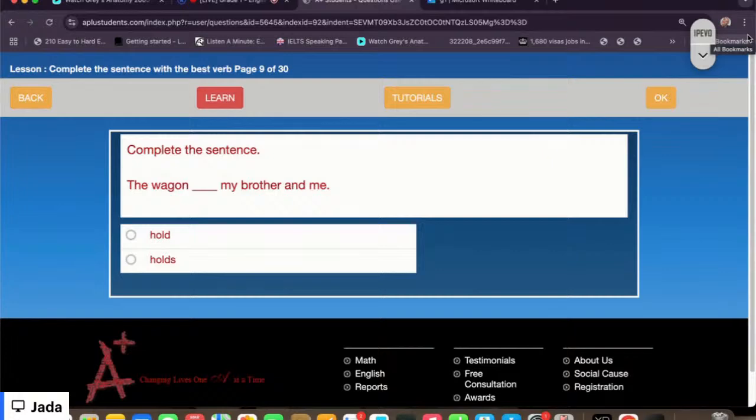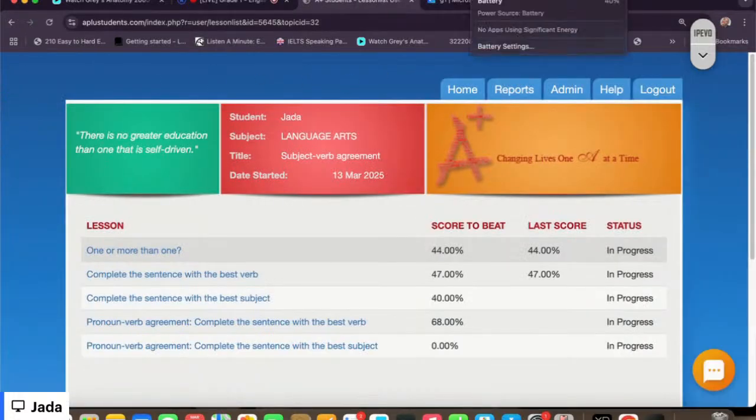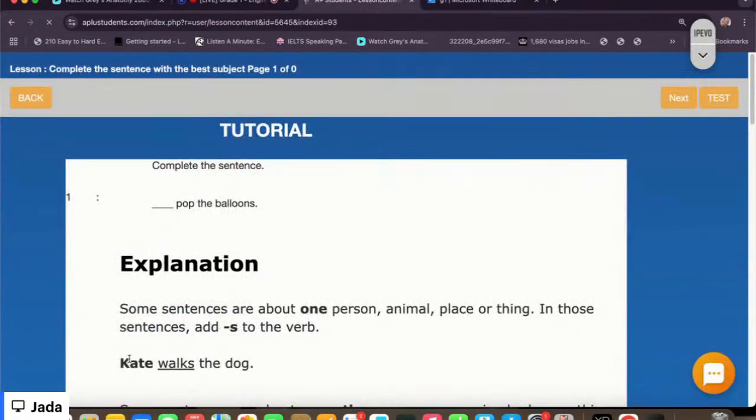All right, so since we have no question, we'll continue with the last one for today. So we have complete the sentence with the best subjects.